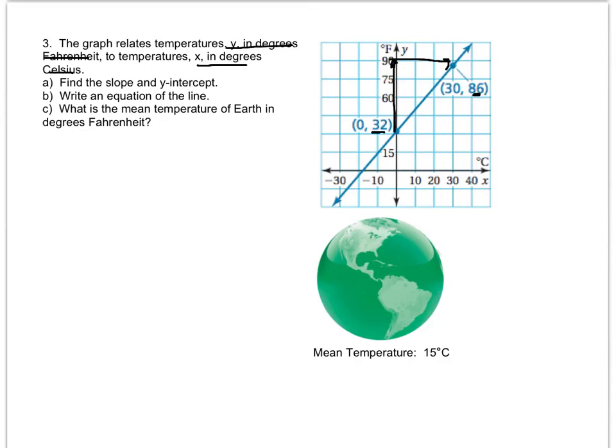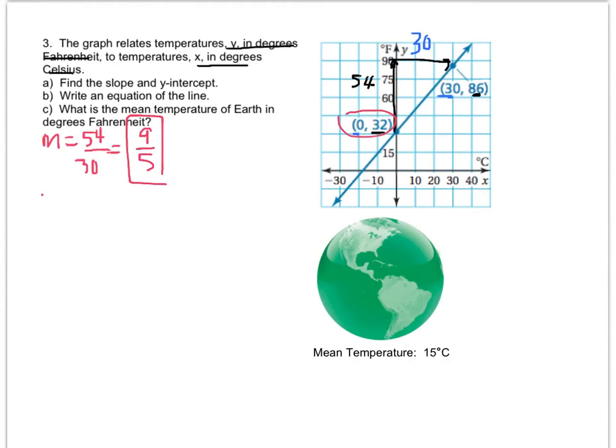That's a rise of 54. And the run goes from 0 to 30, so that's a run of 30. So the slope is 54 over 30, and that definitely reduces, so I'll reduce it to 9 over 5. That's the best answer for the slope. Letter B, oh, we have to find the y-intercept first. The y-intercept is right here at 0, 32.